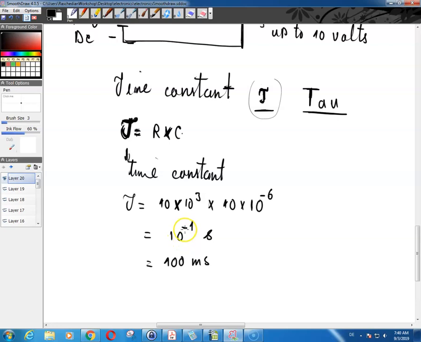Now, the third part of this question is how long does it take the capacitor to reach 10 volts?